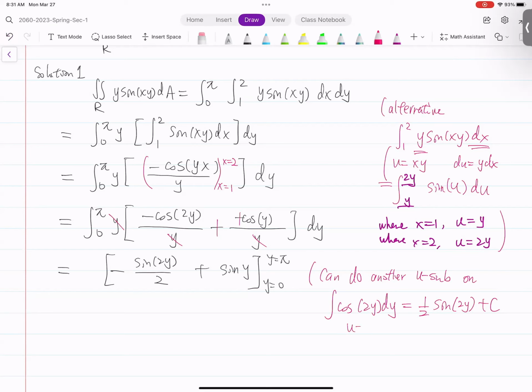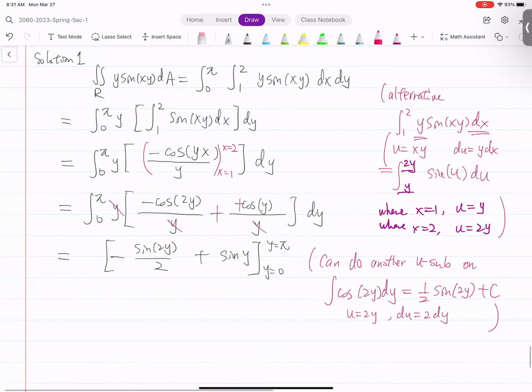And here u is going to be 2y, for instance, and then du is going to be 2 dy. Right? But here we're just directly writing down the antiderivative.